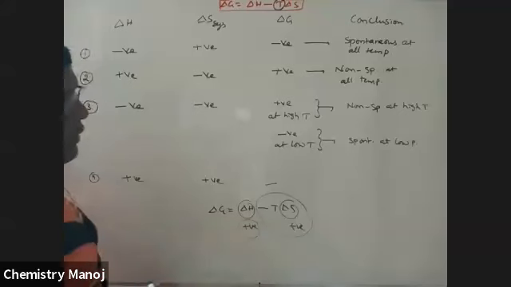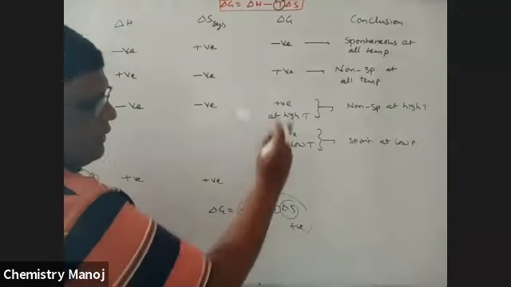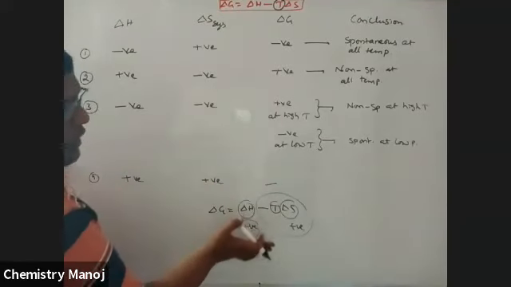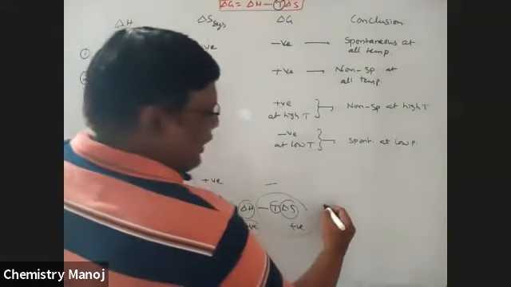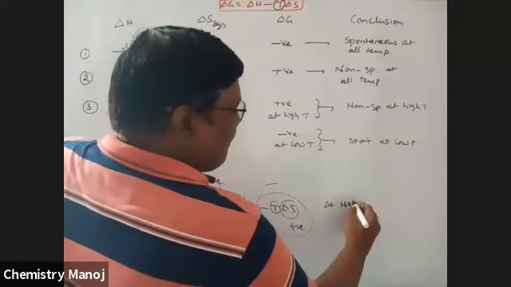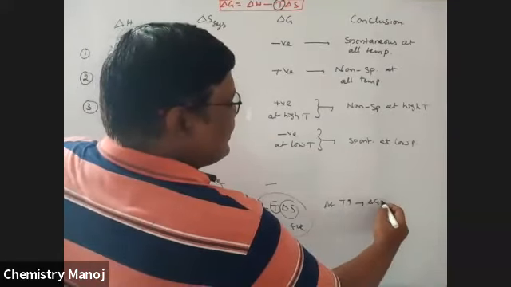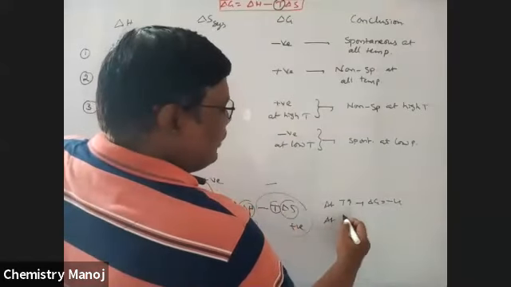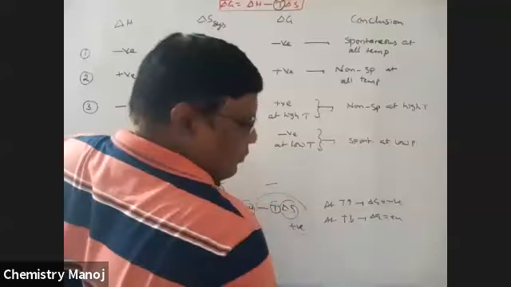Therefore, if temperature is high, the negative value is larger than the positive value, so the overall delta G value is negative. At high temperature, delta G is negative. At low temperature, delta G is positive.